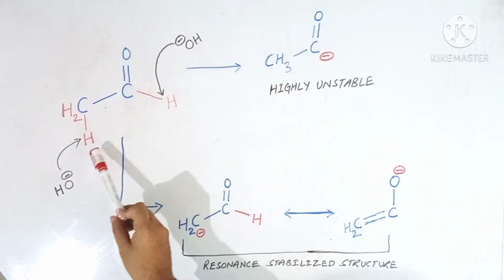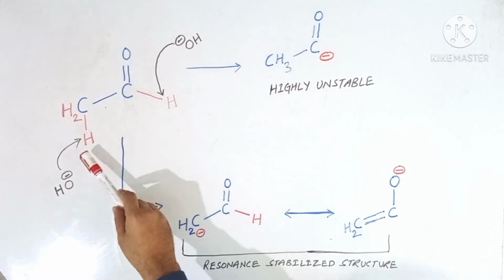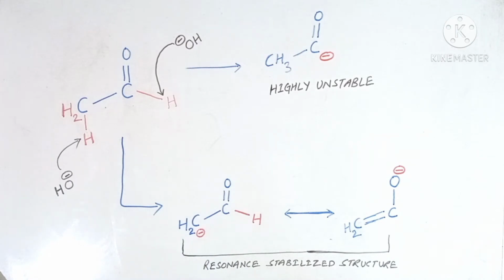Within these two protons, which one has the highest acidic nature, or we can say, which proton reacts more easily with the base? We need to compare the acidity of both these protons.